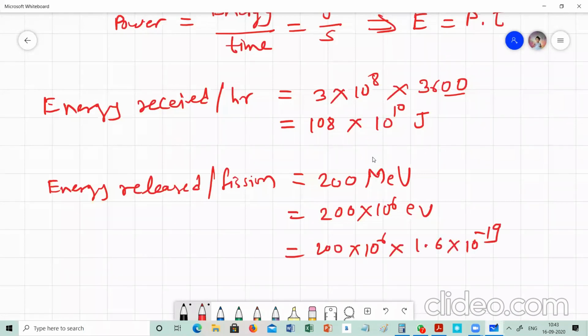This will give energy in joules. 1.6 into 2 is equal to 3.2 into, this is 10 raised to 8 and this is 10 raised to minus 19, means 10 raised to minus 11. 19 minus 8 is equal to 11.